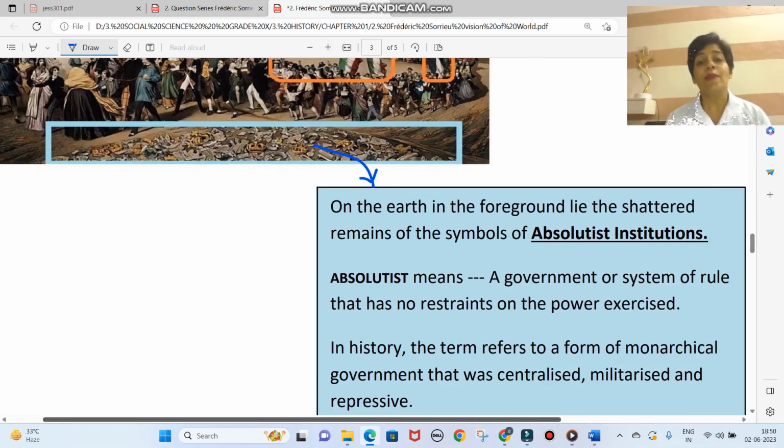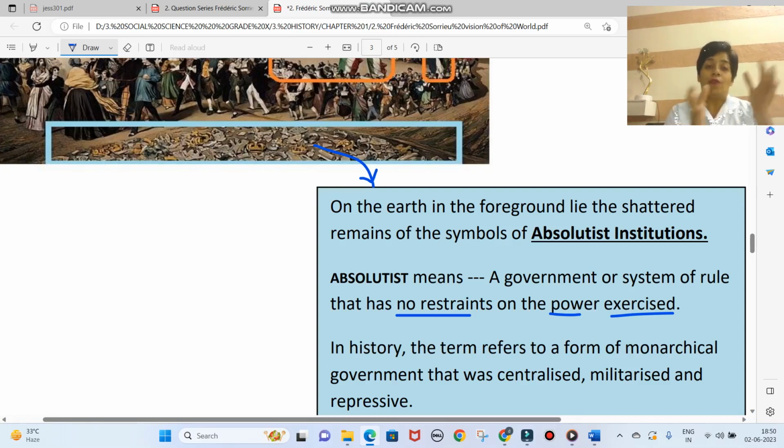What's the meaning of the term absolutist? Absolutist stands for a government or a kind of system of rule that has no restraint on the power exercised. That means there are no restrictions on the power which they are exercising.